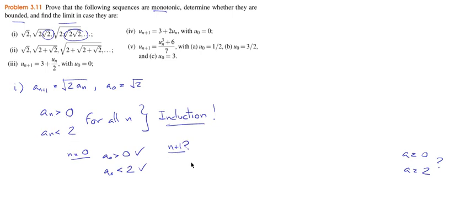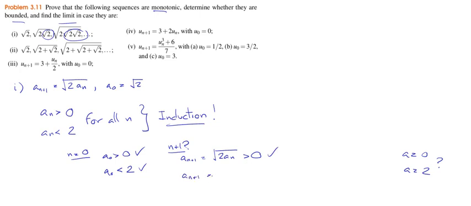What happens with n plus 1? a sub n plus 1 is the square root of 2 times a sub n. By the induction hypothesis, a sub n is greater than 0, so 2 times a sub n is greater than 0, and the square root of something greater than 0 is greater than 0. This proves the first result.